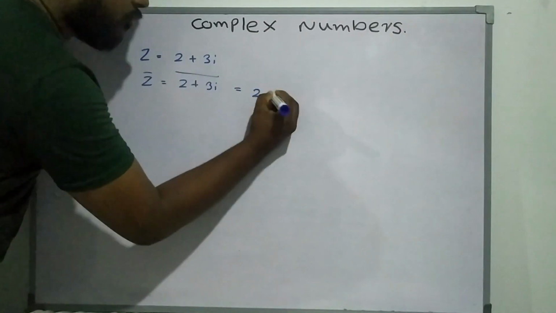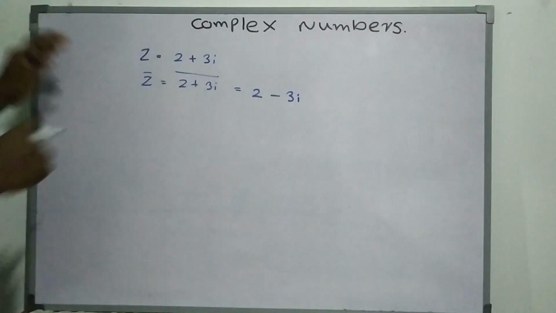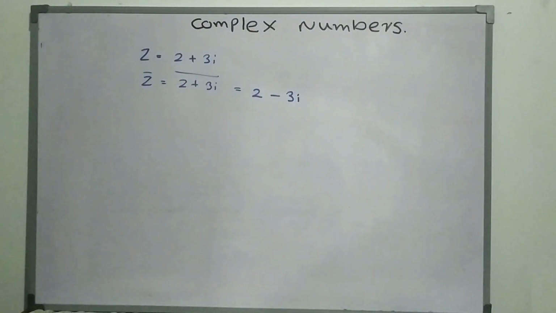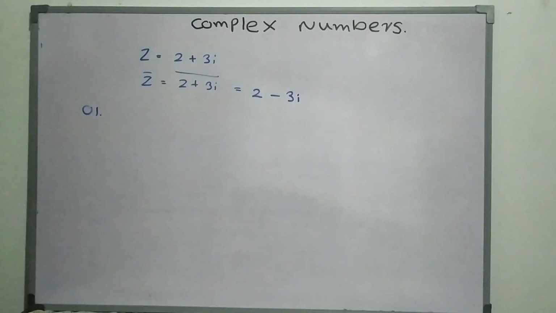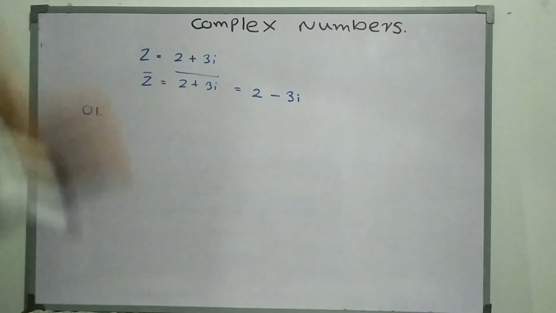It's 2 minus 3i. So this is z bar, the conjugate complex number, right? Then we have a few theorems to understand associated with the conjugate complex number.